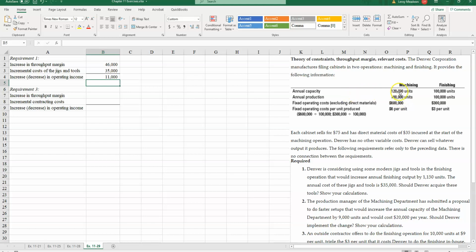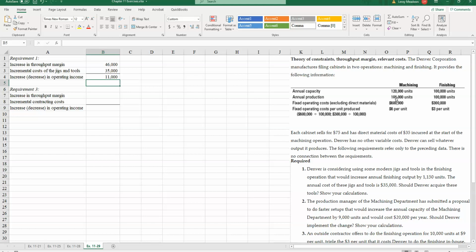So let's say that I do that and my annual capacity is 129,000 for machining. Is that going to make a difference on total output? No, it's not. What's going to happen is it's going to make the bottleneck even worse because that gap between what machining can do and what finishing can handle is going to be even greater.